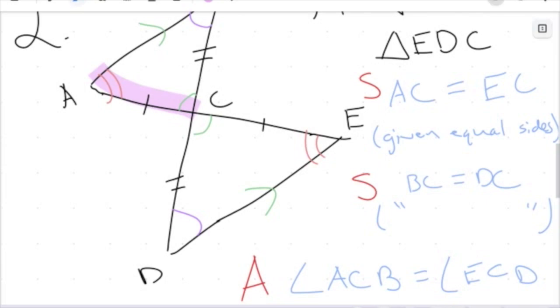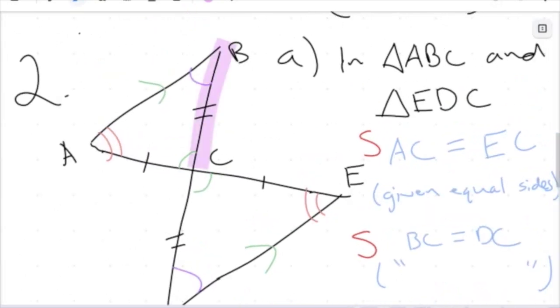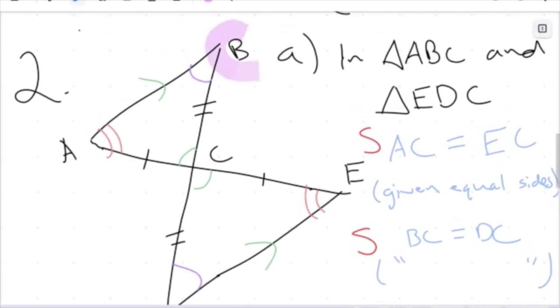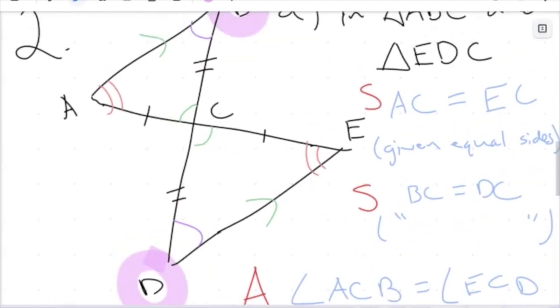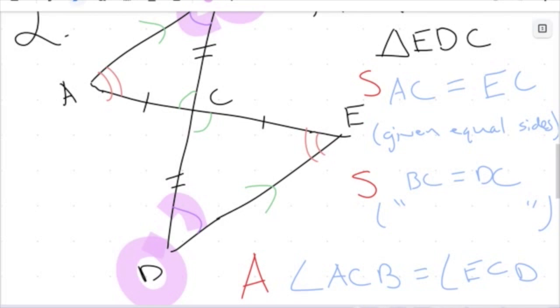In the same way, the sides BC and DC are equal, so angle E and angle A must also be equal. And also, if we change the orientation of these triangles, we would see, well, we've already proved they're congruent, so they're identical. And then we would also just match up, okay, well, B is the corresponding point to D, so this angle and this angle are the same because they are the angles at those points of congruent triangles. So we can say they are equal.